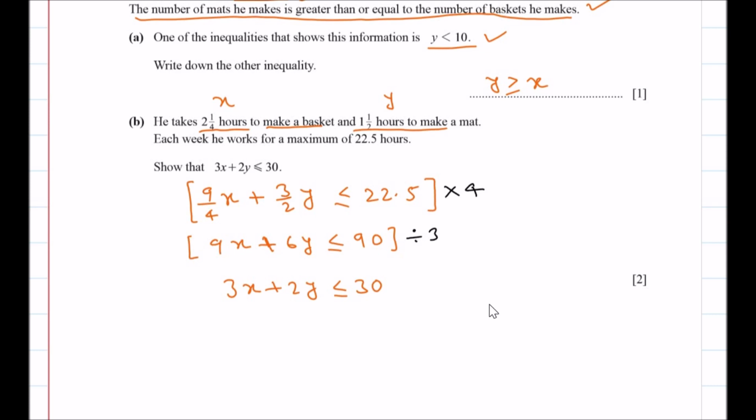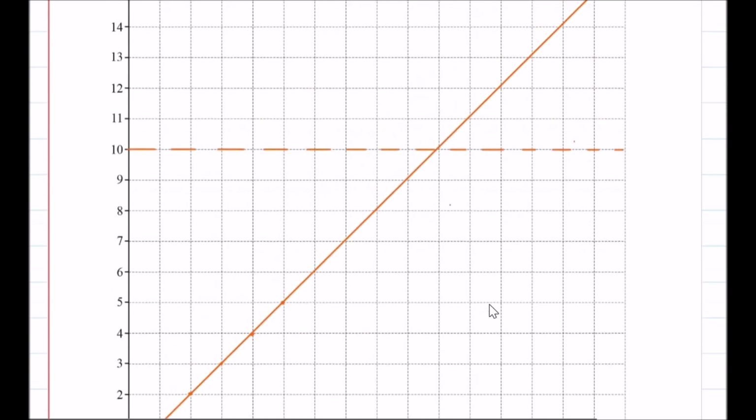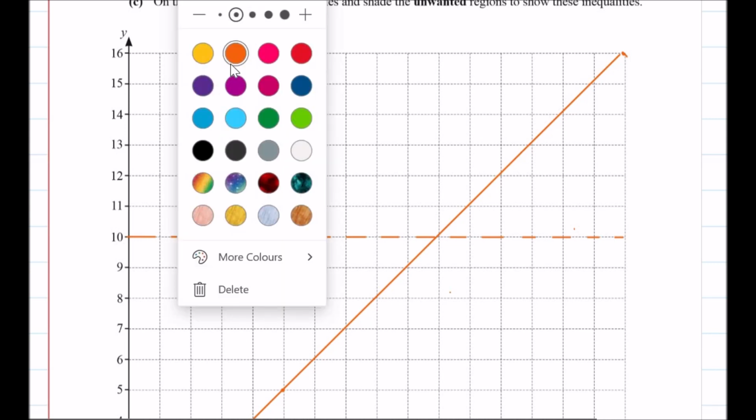For this kind of inequality, we need 2 points. So put x equal to 0, so we get y equal to 15. So 0, 15. That will be one of the points. Let me put it here. 0, 15. 15 is here.